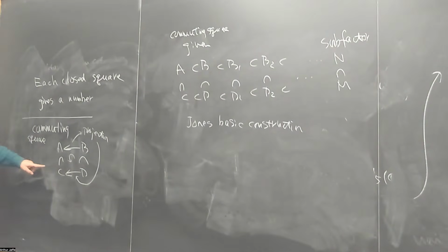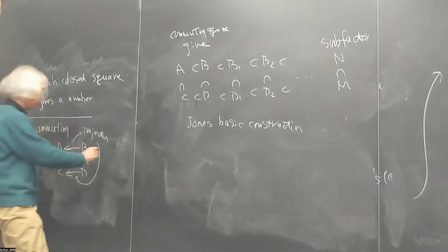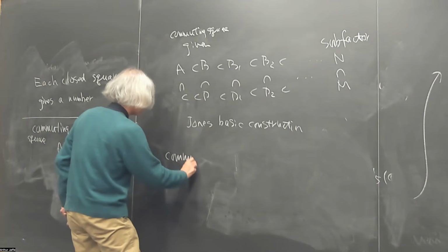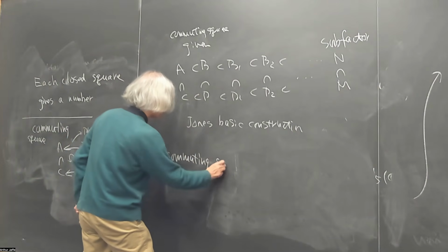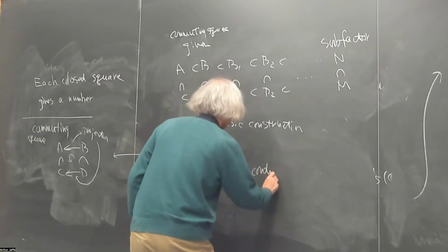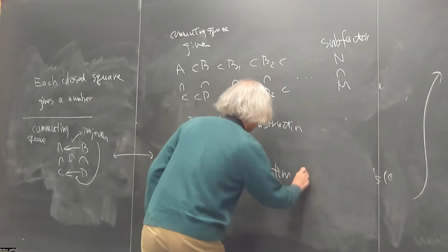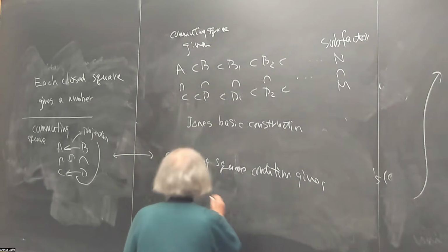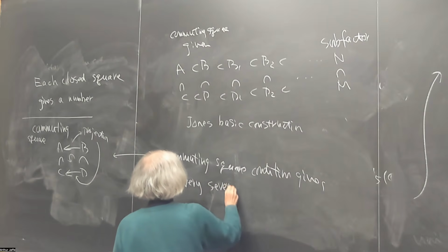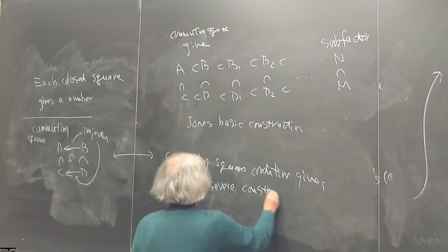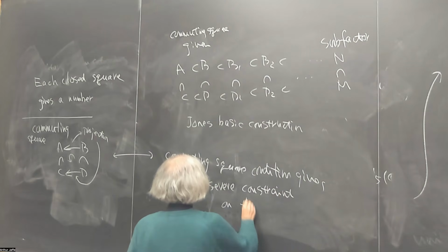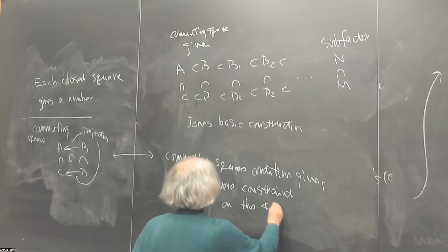And another thing is that here we have a commuting square. This commuting square condition comes with a very severe constraint on these four tensors, for these numbers.